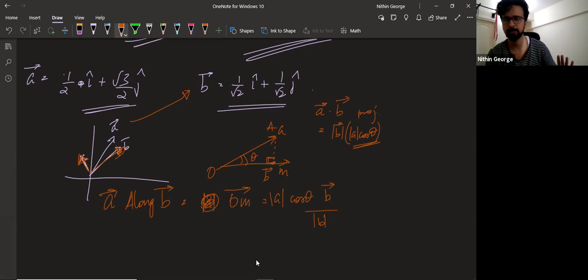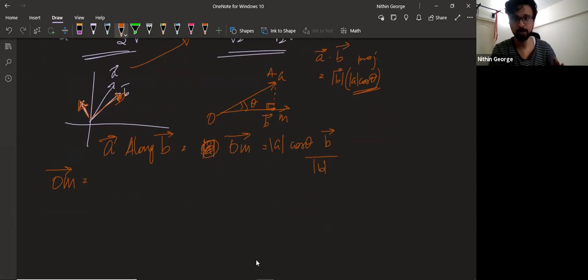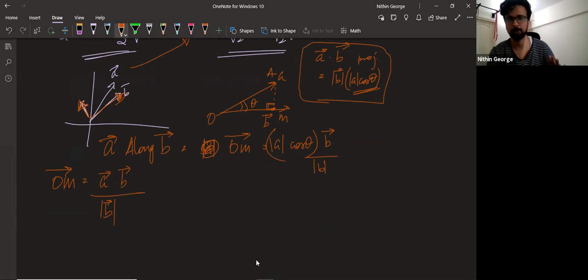So the neater way of writing OM, the projection, is A dot B divided by mod B. So from here I write A dot B over mod B squared, into B. This is what I get for OM.